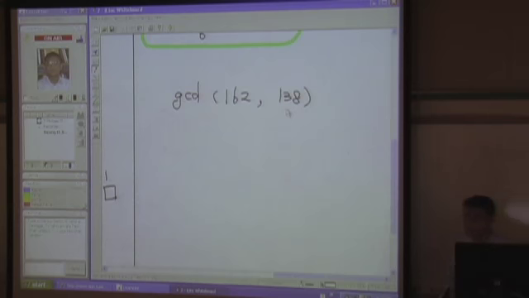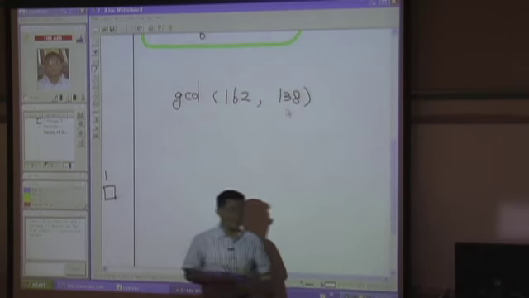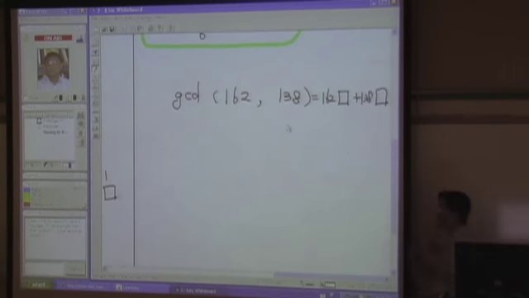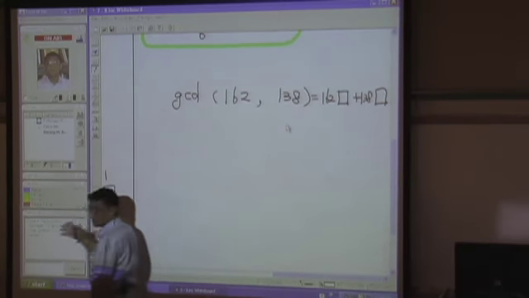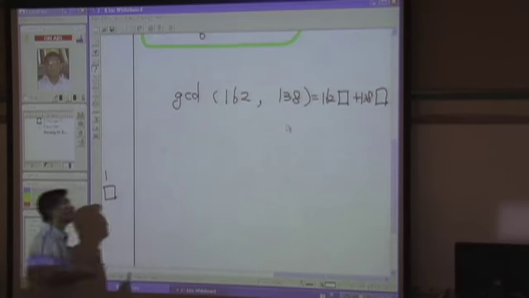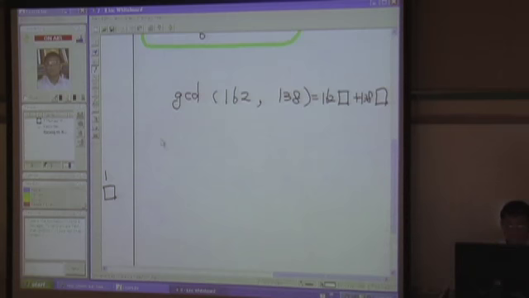So first question is finding the GCD, and second one is finding 162 multiplied by something plus 138 multiplied by something. So finding these two numbers. So there are two questions. First question is finding the GCD. Second question is finding these box numbers. So let's do it. Of course, you can do it separately, independently.